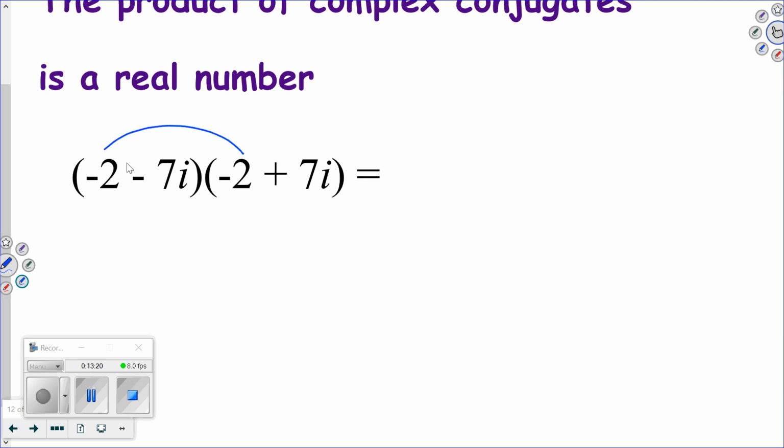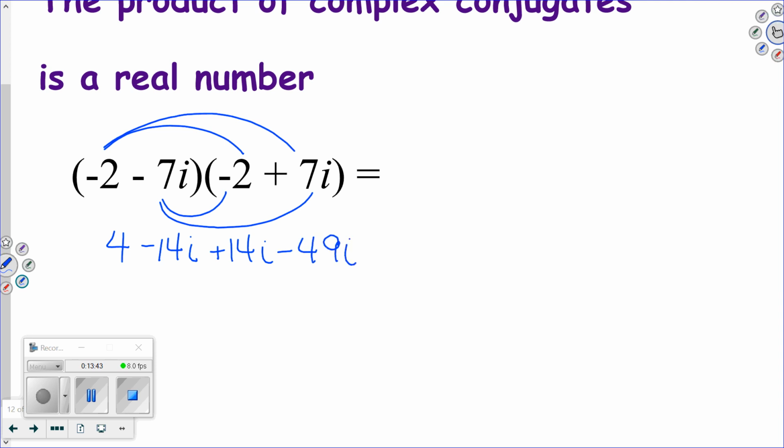So negative 2 times negative 2 is 4. Negative 2 times 7i. Negative 7i times negative 2. Negative 7i times positive 7i, negative 49i squared. Oh, i squared is equal to negative 1. That's going to change that to a positive 49.